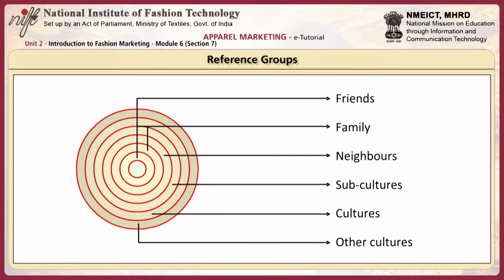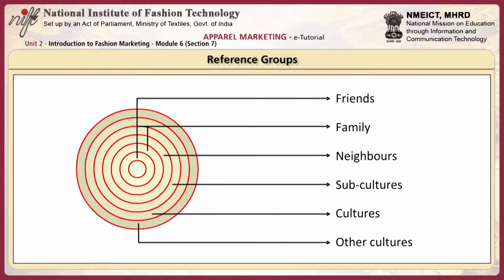So, this would change, because when you are young and you cross your teens, then the reference groups you look at normally would be your friends. But if you are a preteen or a child, the first reference group will be the family. Whatever it is, we look at the influence from reference groups at various levels.